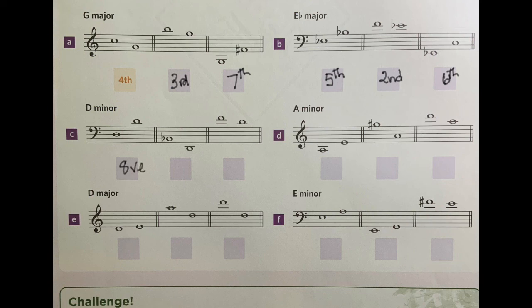Okay? We always start with a lower note. So this is 1, the line is 2, the space is 3, the line is 4, the space is 5, the line is 6. So it's a 6th.